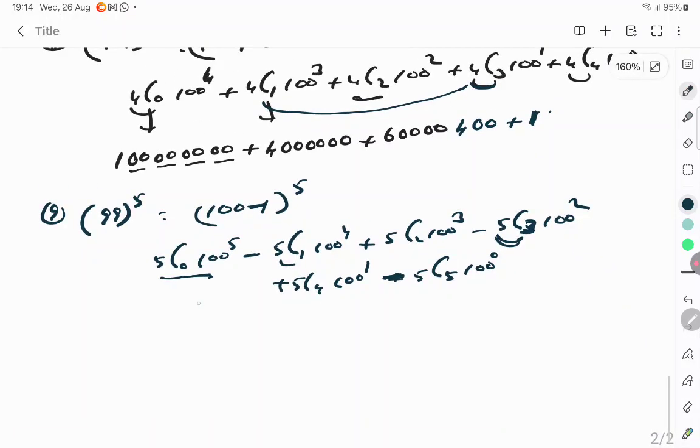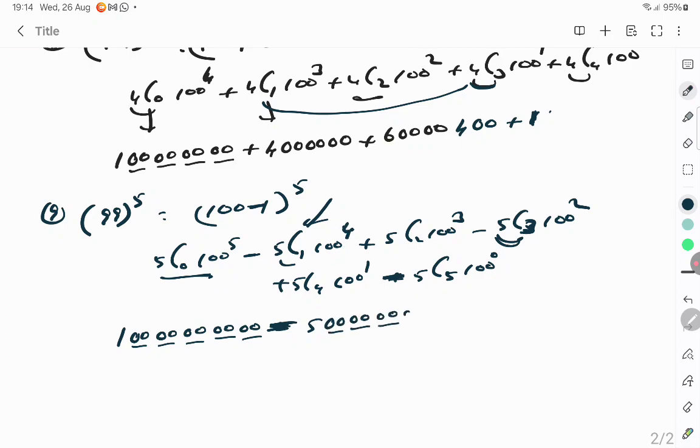So 5c0 is 1, 100 to the power 5 is 1 with 10 zeros. Minus 5c1 is 5, 100 to the power 4 with 8 zeros. Plus 5c2, which is 5 into 4 by 2, so 10, with 6 zeros.